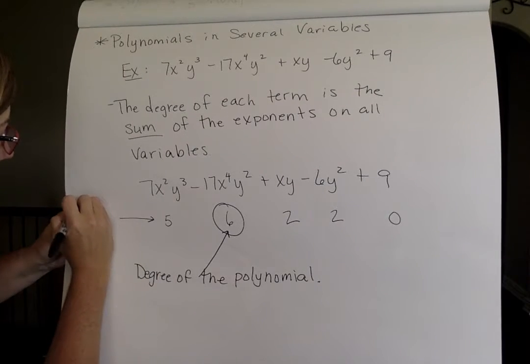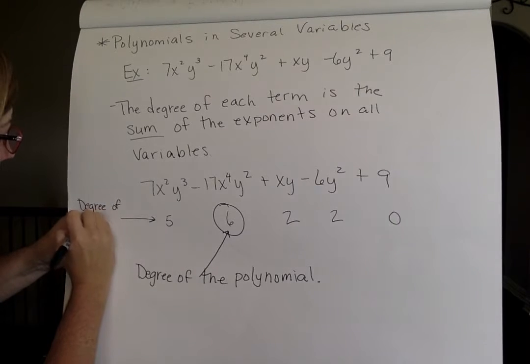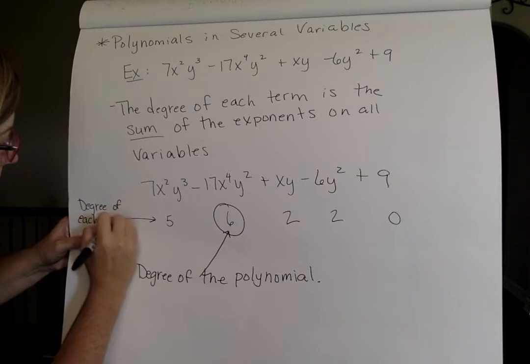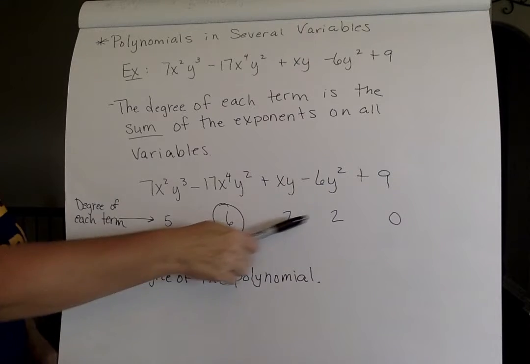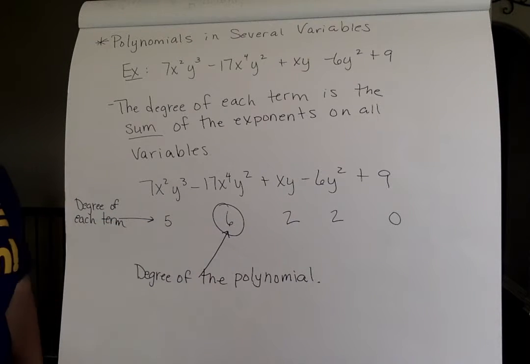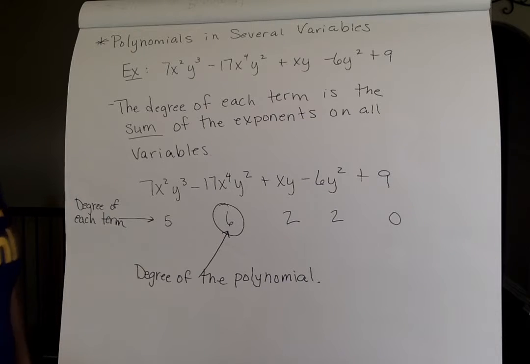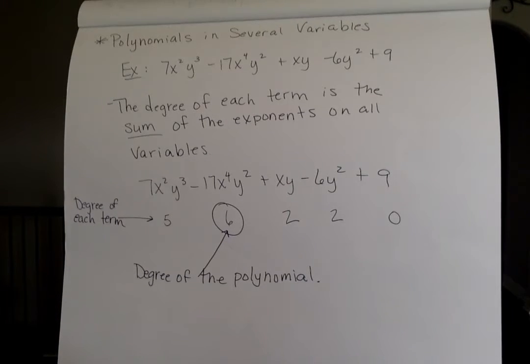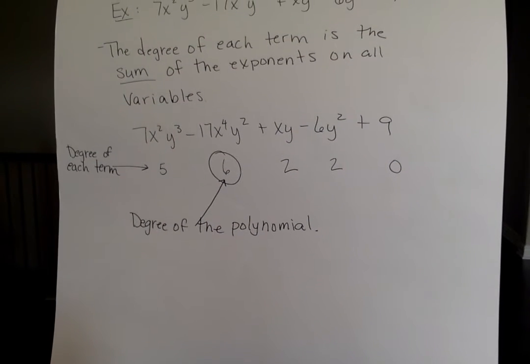Maybe I need to write over here, degree of each term. Okay, so we've written the degree of each term. The highest one is now still the degree of the polynomial. Okay. All right, that will do it for our notes for this whole section.